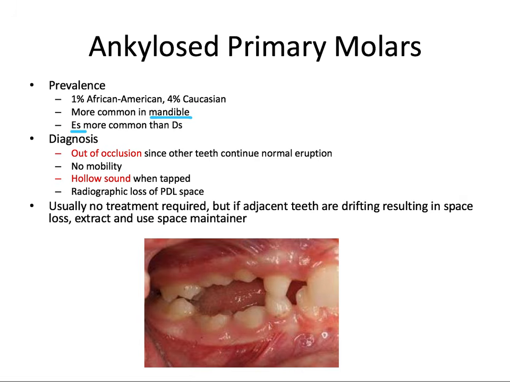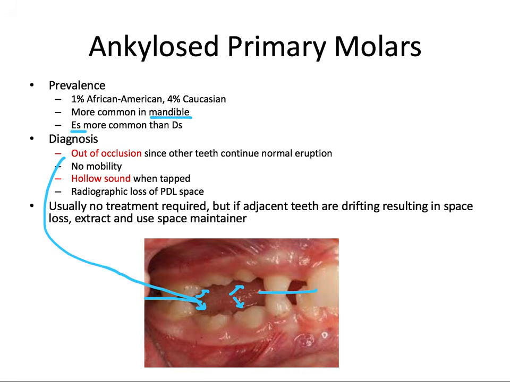The best way to tell if a tooth is ankylosed is if it's submerged below the plane of occlusion, also called infraoccluded. You can appreciate how these teeth, all of these primary molars in fact, are below the plane of occlusion, which is up here. And that's because they're not erupting.